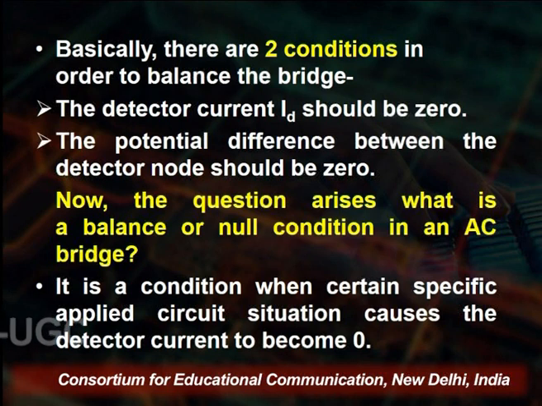The second condition is that the potential difference between the detector nodes should be 0. Now the question arises: the balance or null condition in the AC bridge is the condition when a certain specific applied circuit situation causes the detector current to become 0.